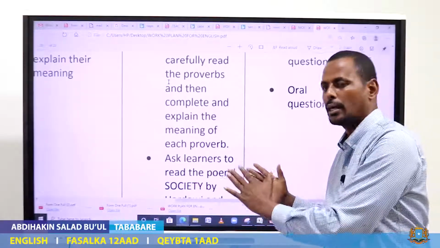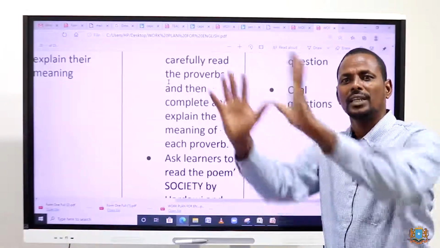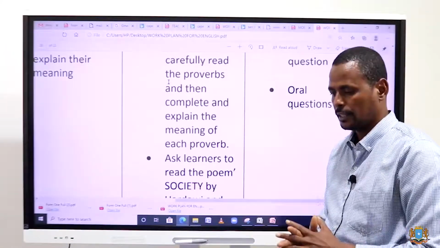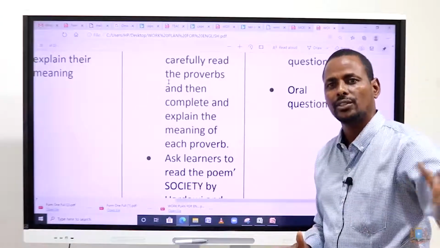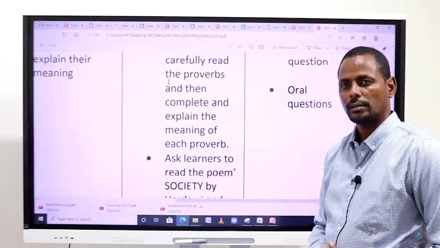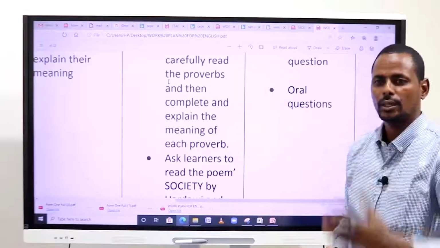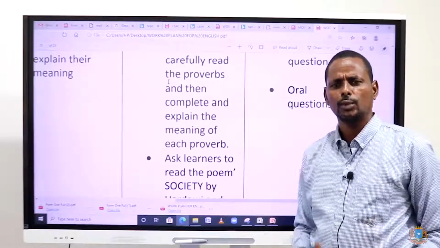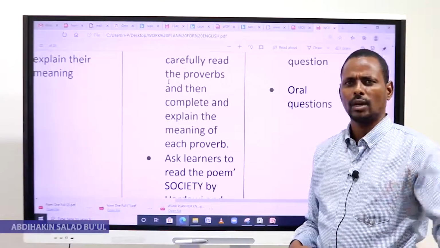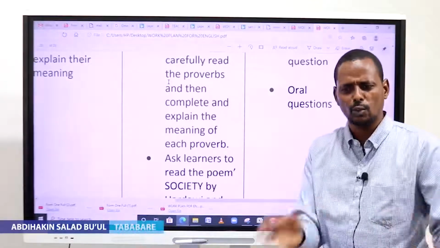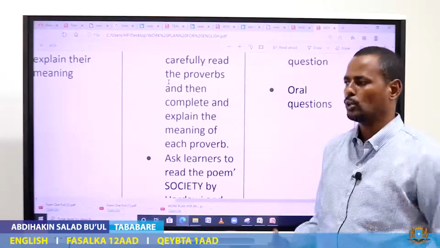The proverbs have explicit meaning, outer meaning. Like, for example, if I say, two heads are better than one, and then you ask a student, tell me what that proverb means, definitely he will give you the explicit meaning, that upper meaning, that two people are better than one. For example, if they are doing work, when two are doing, it is better.